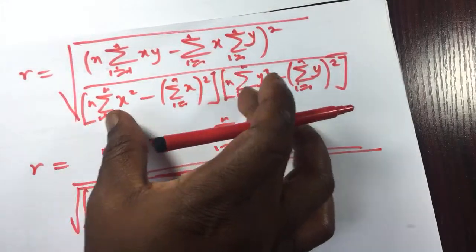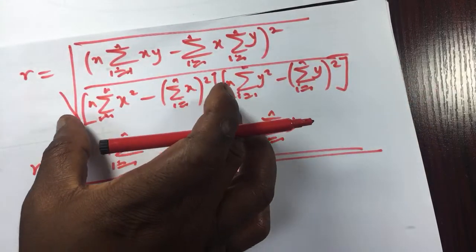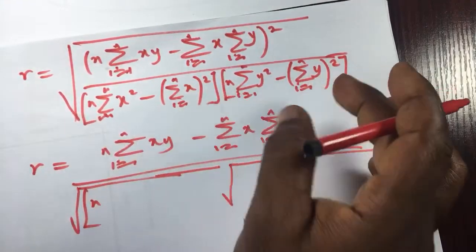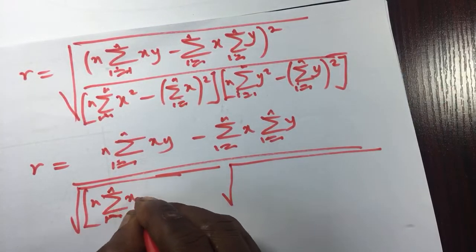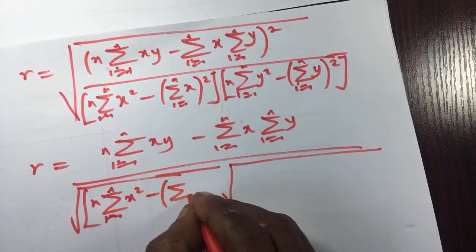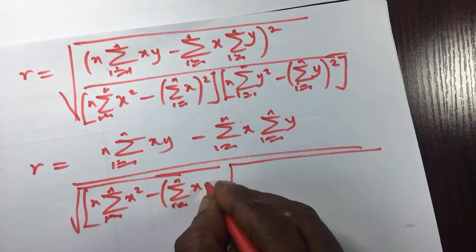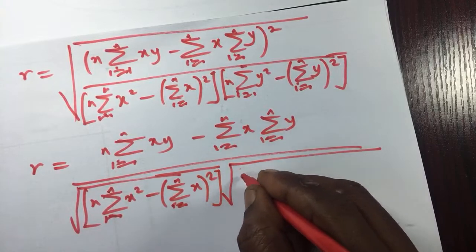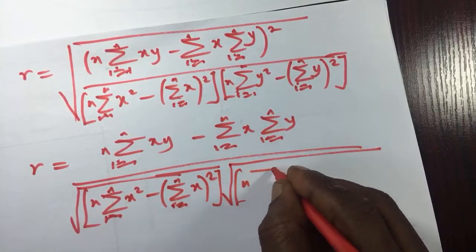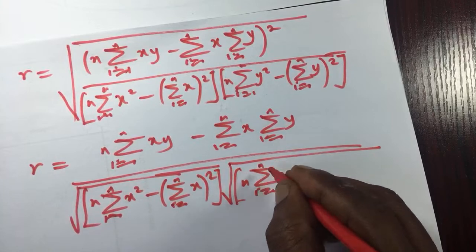The square root of this times this is the same thing as the square root of this times the square root of this. So this will give you what we call the product moment correlation coefficient. Okay, this will give you the formula for the product moment correlation coefficient, and I'm going to be using it immediately to solve a problem.